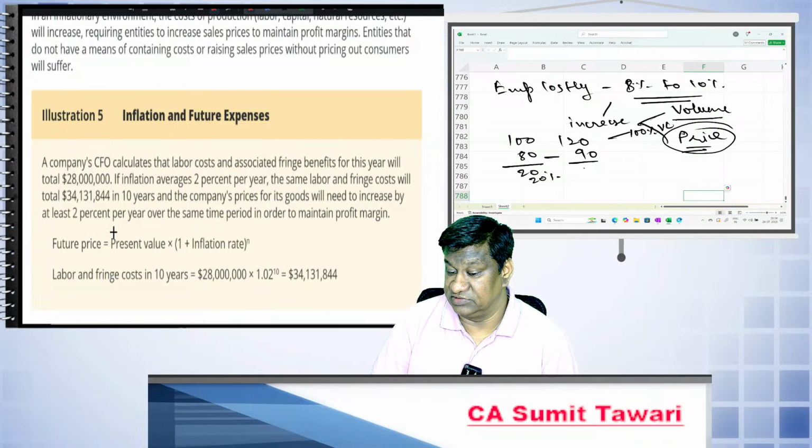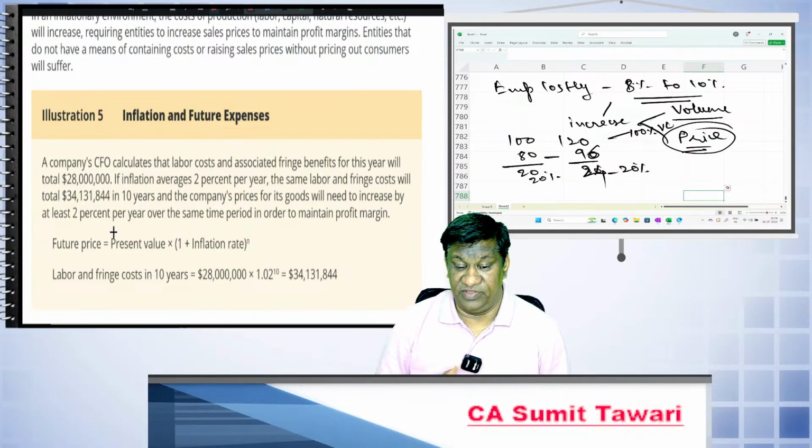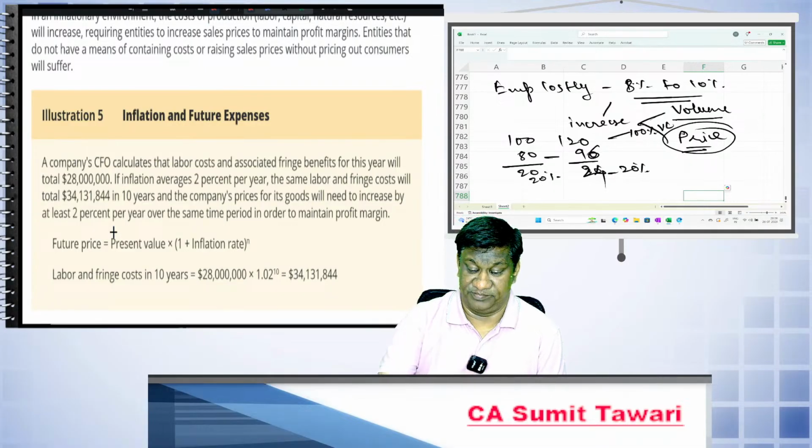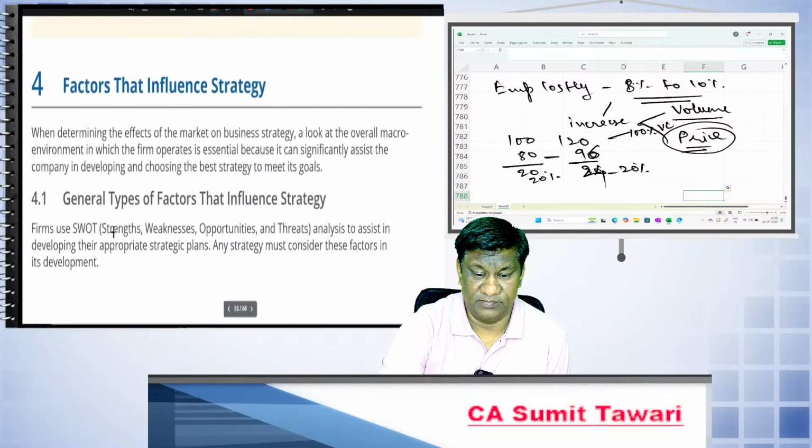So 80 becomes 96, and the margin is 24. So this is again 20%. That's why whenever we feel that the cost may increase, we need to increase the sell prices.